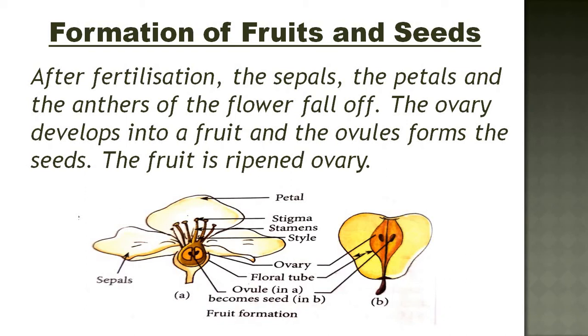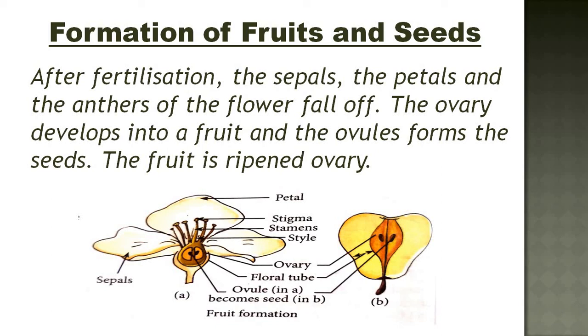after fertilization, the sepals, petals and anthers, all these parts of the flower fall off except the female reproductive part, that is the stigma, style and ovary. Then the ovary develops into the fruit and the ovule forms the seed. So children, the fruit is not any new part in the flower, it is only the ripened or matured ovary.